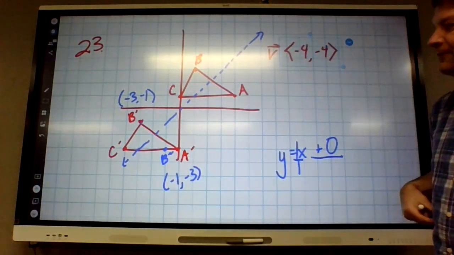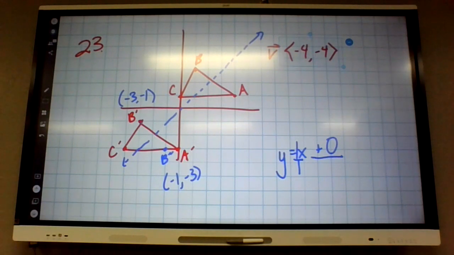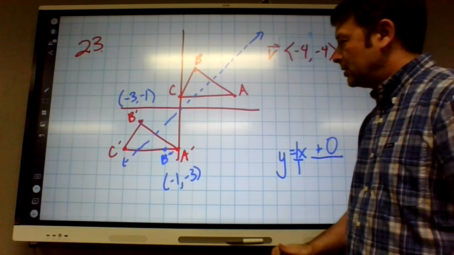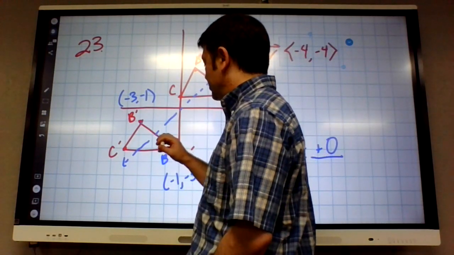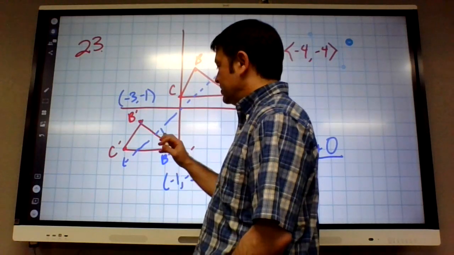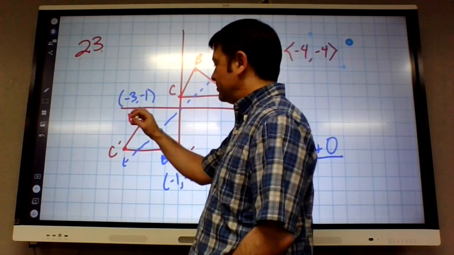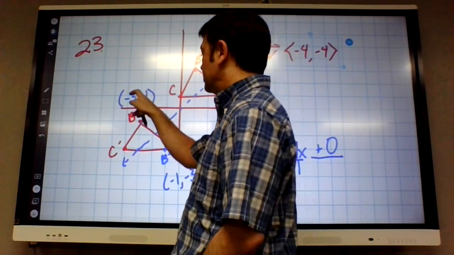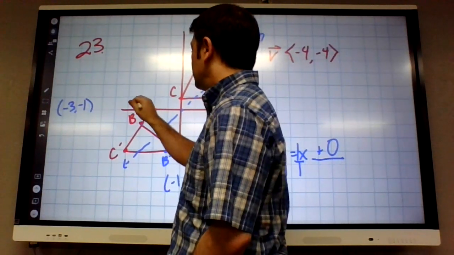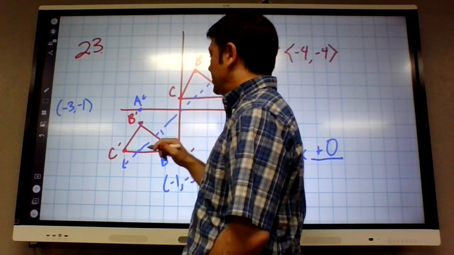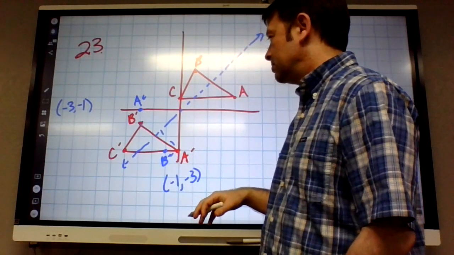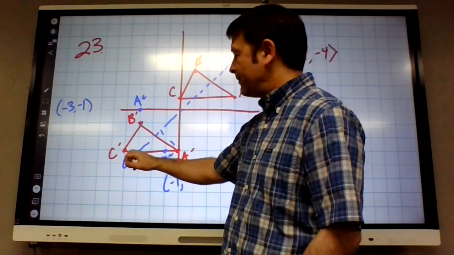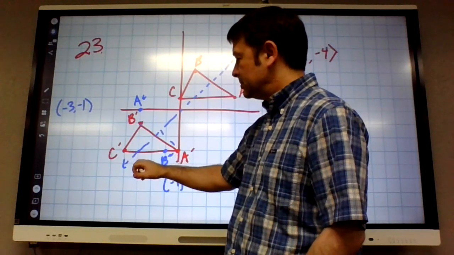That works if you are reflecting over y equals x. A is a diagonal and a half away. So if you go a half and a diagonal, that would be A double prime. Remember, if you do it right, it should look like butterfly wings or insects. C is half a diagonal away, so C double prime.